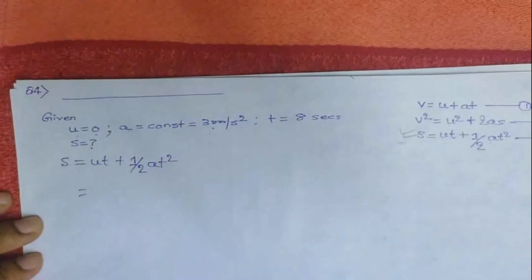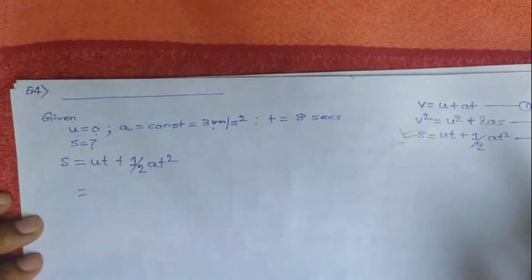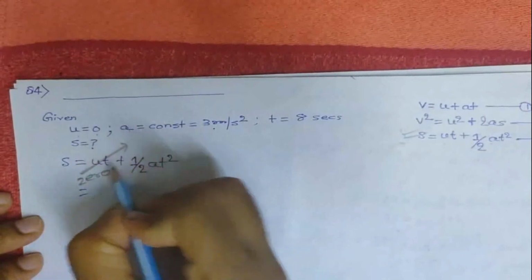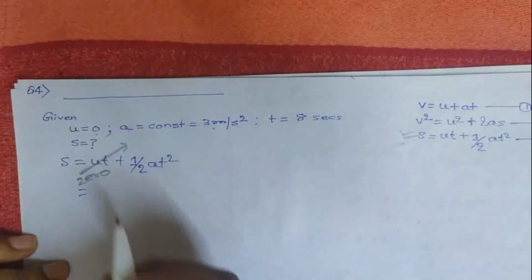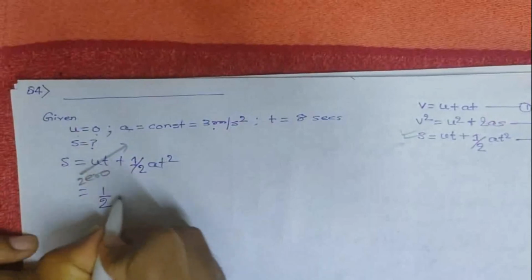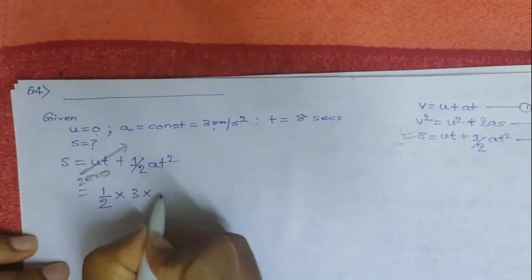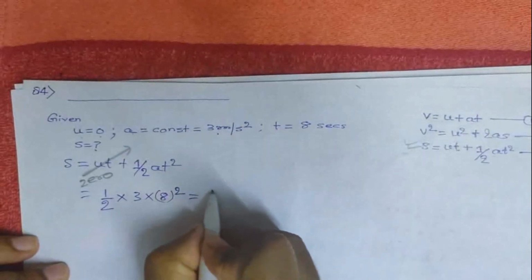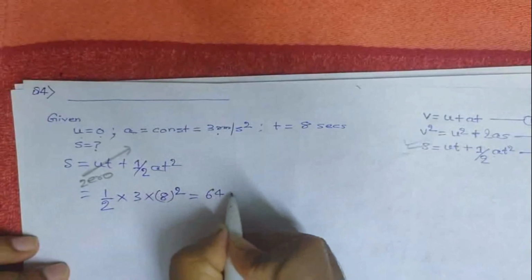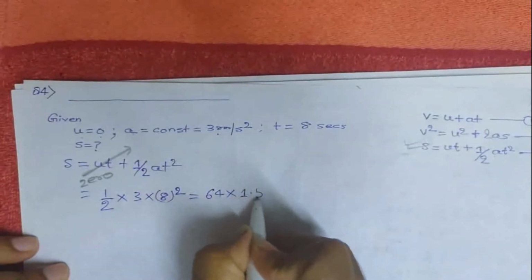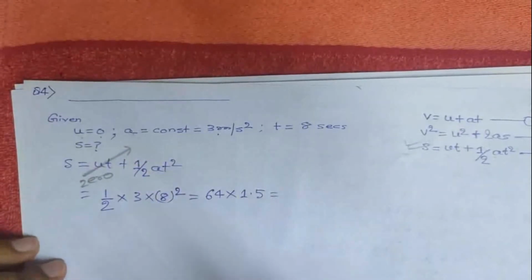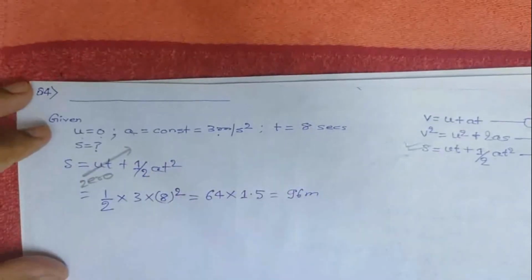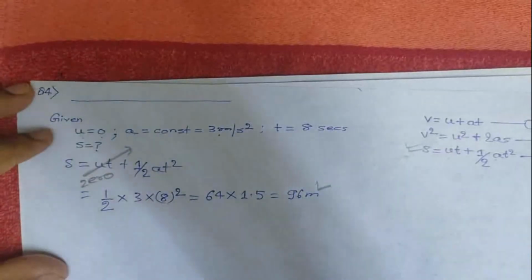UT will go off, because U is 0. So it is simple, half into 3 into 8 square. It will come out to be 96 meter. Simple. We are done with the fourth part.